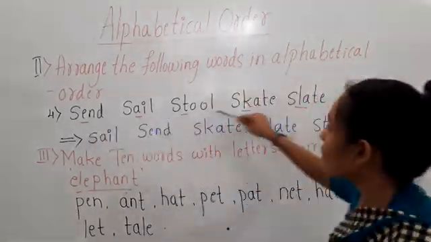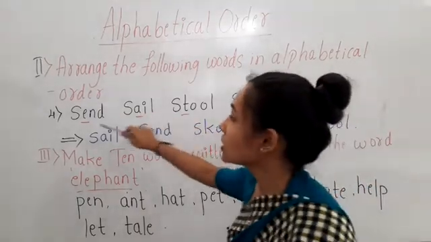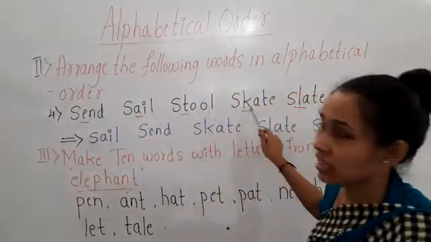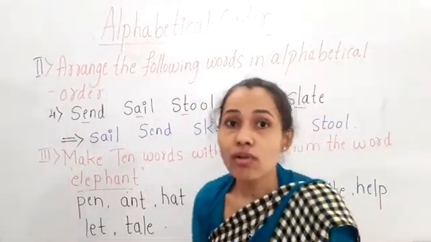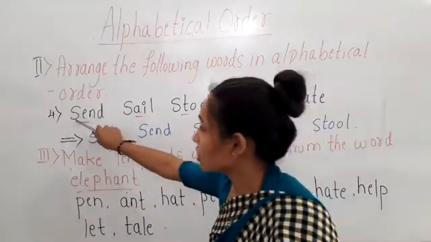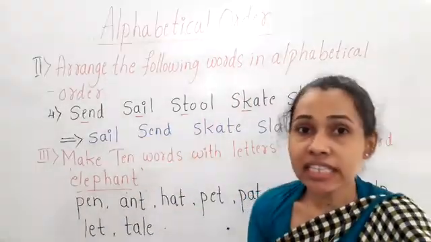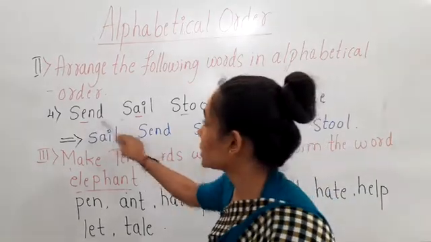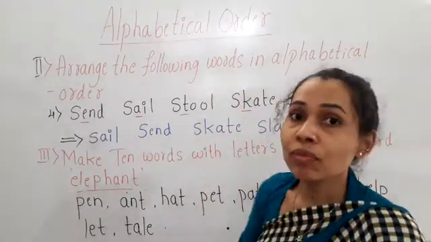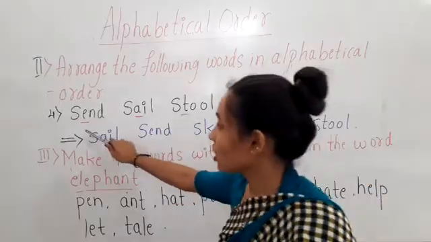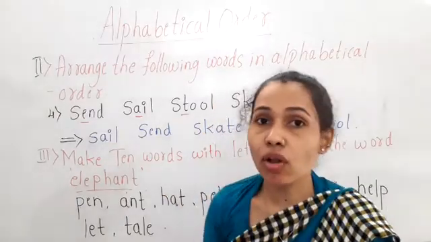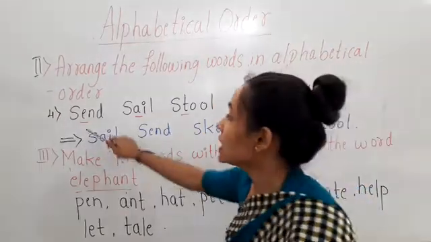Here in all these words, the first letters are the same, so we cannot arrange by using the first letter. So in this case we have to move on to the second letter.